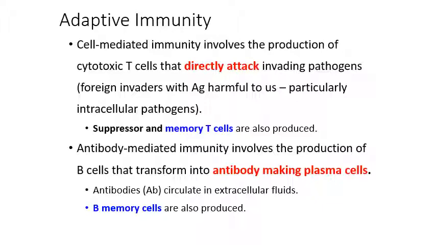The antibody-mediated immune system is sometimes also called your humoral immune system because instead of this wing going directly after cells, we release antibodies into the quote-unquote humors of your body, or the fluids of your body. That's why it's sometimes called the humoral immune system.